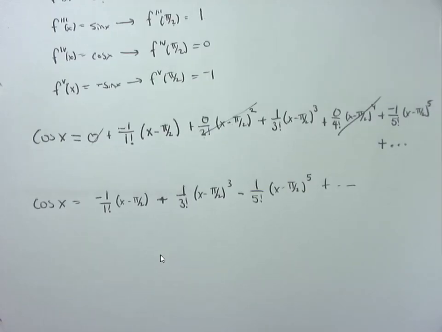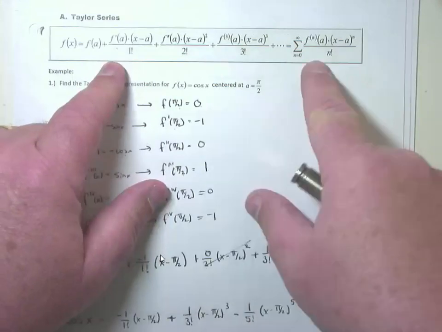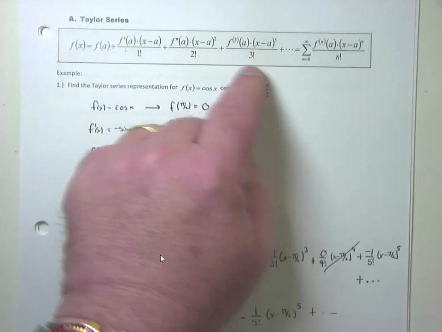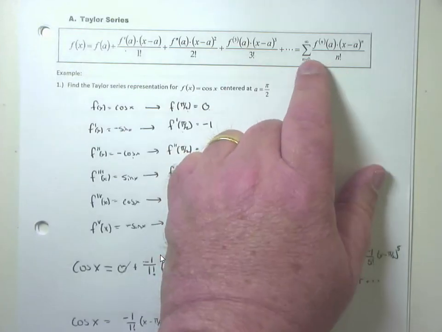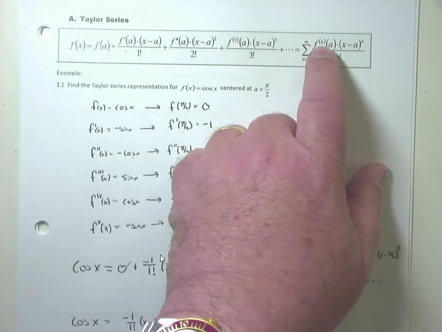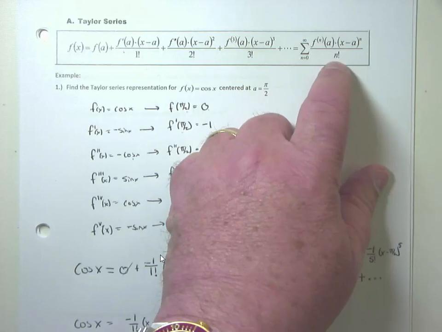Does that make sense? Now, what you need to memorize is this. If you look at this Taylor series formula, we wrote it out for you, but you can also write it as a series formula. It's the sum as n goes from 0 to infinity of the nth derivative evaluated at a times x minus a to the n over n factorial.